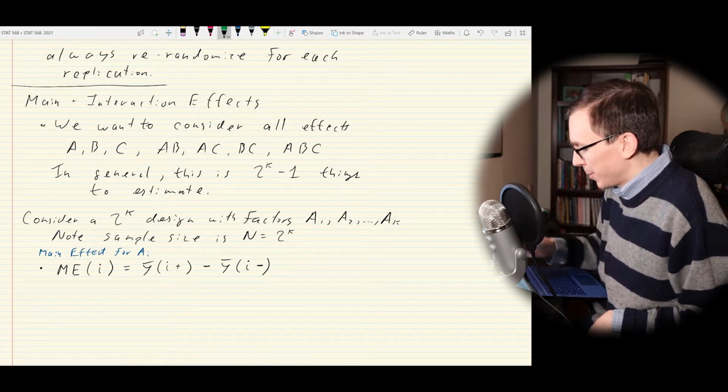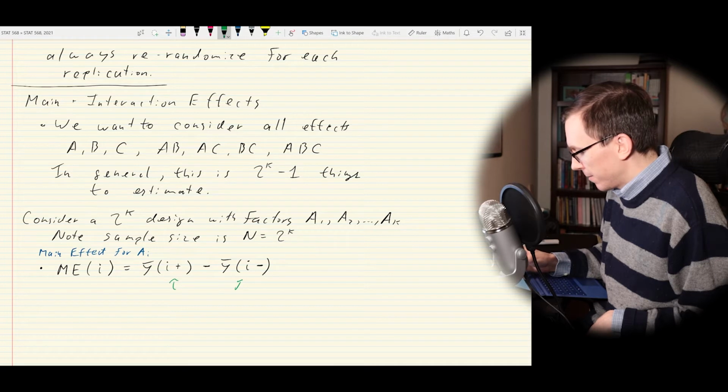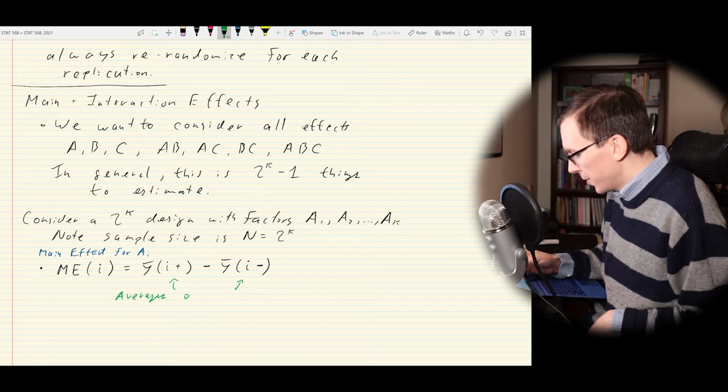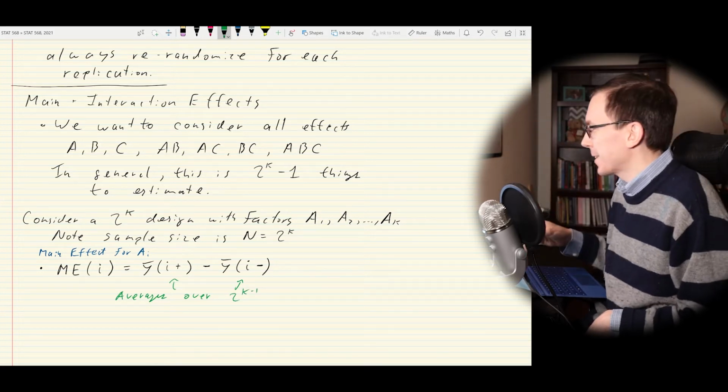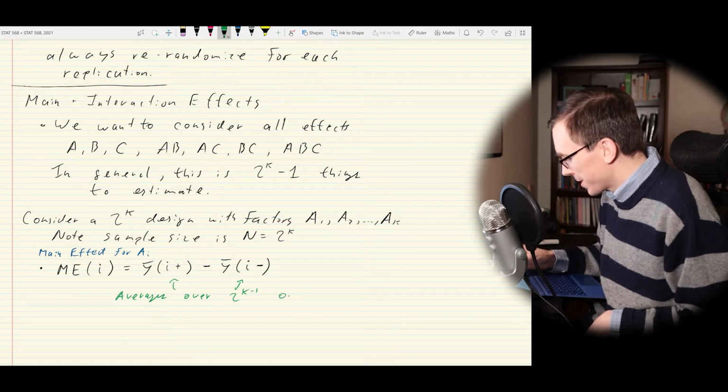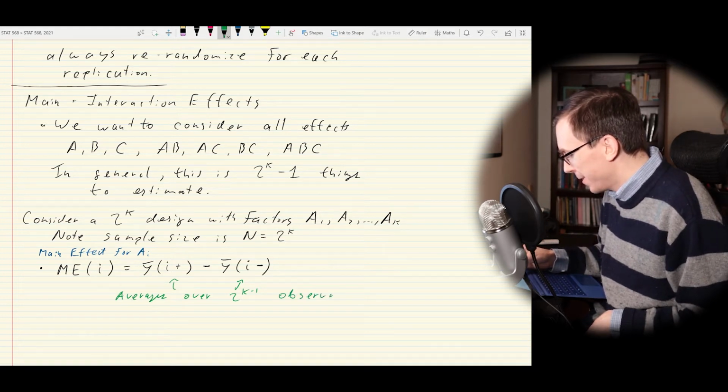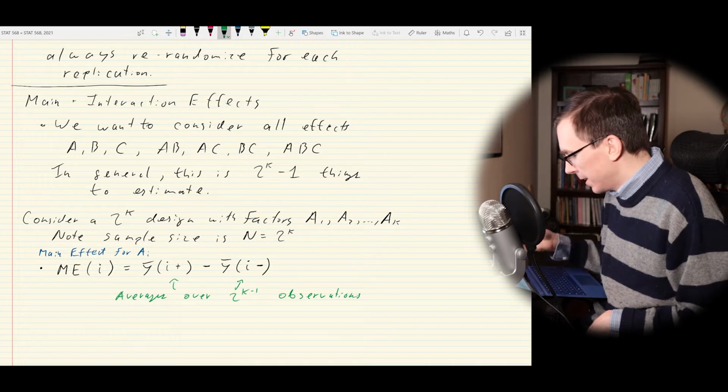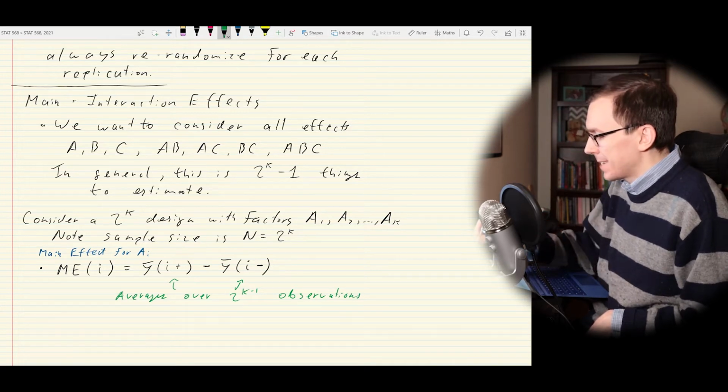And what do we have here? Well, these are averages over 2 to the k minus 1, with the minus 1 up in the exponent, observations. Basically half of the data set in each case.